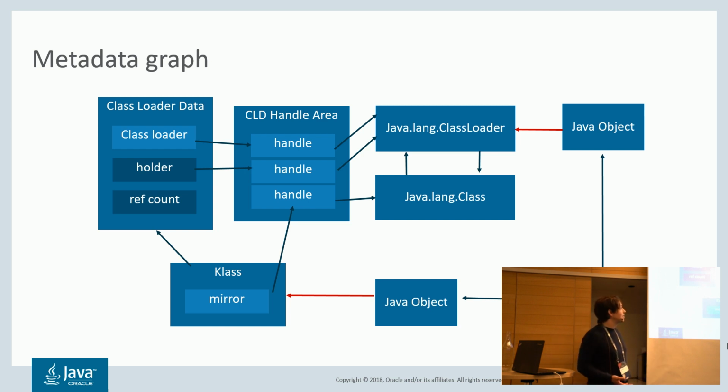And, well, the class has some reference to its class loader data, and the class loader data has a bunch of handles in a handle area that eventually point out the class loader and some mirror classes and stuff like that. So by marking the class, we have to keep all of this stuff alive, basically. But if we haven't found any objects with a class that we have marked, and we haven't had objects pointing out class loaders, then we can get rid of everything, and we'll do that.